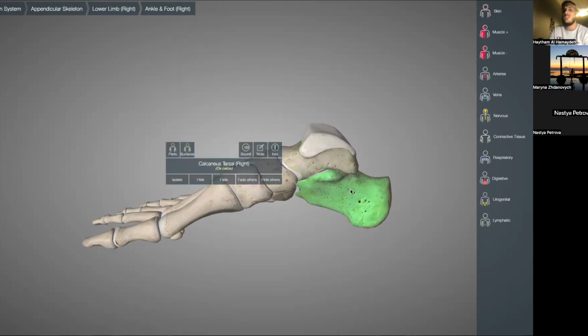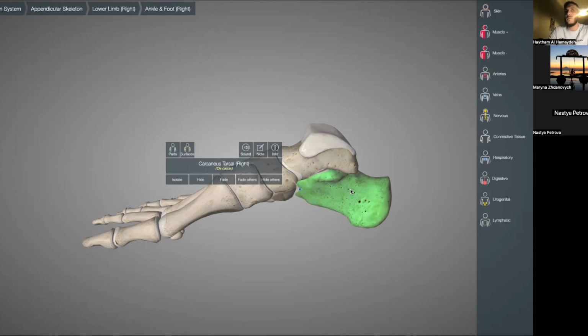Now we move on to the calcaneus. The calcaneus is the bone that is found below the talus. It takes part in two articulations, superiorly and anteriorly.